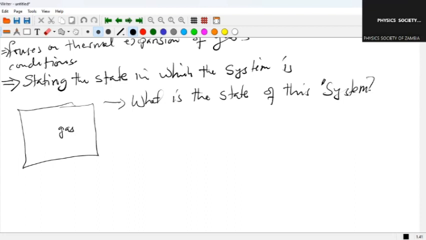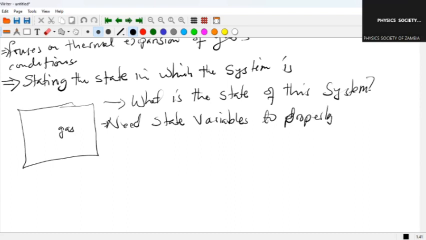To be able to explain the state of the system, we need what we call state variables to properly describe the state of a system.